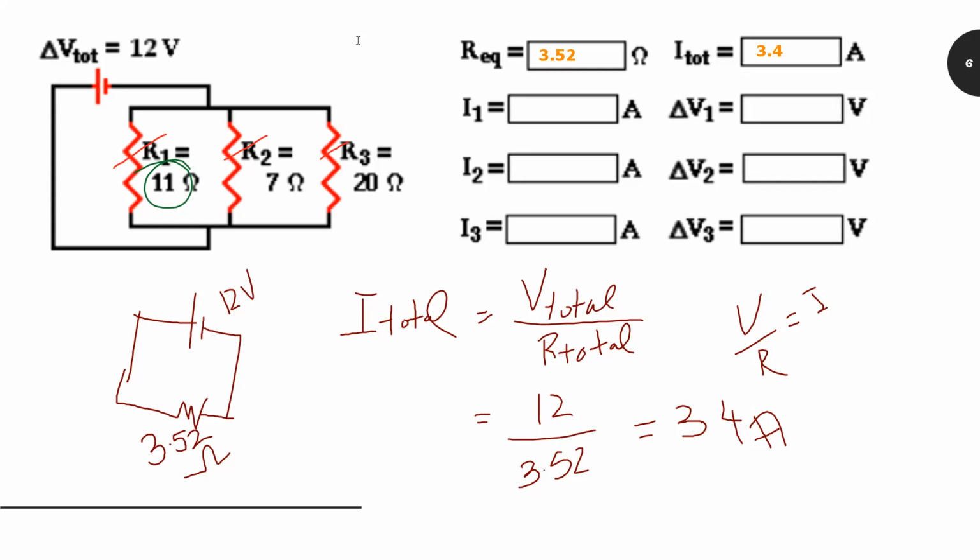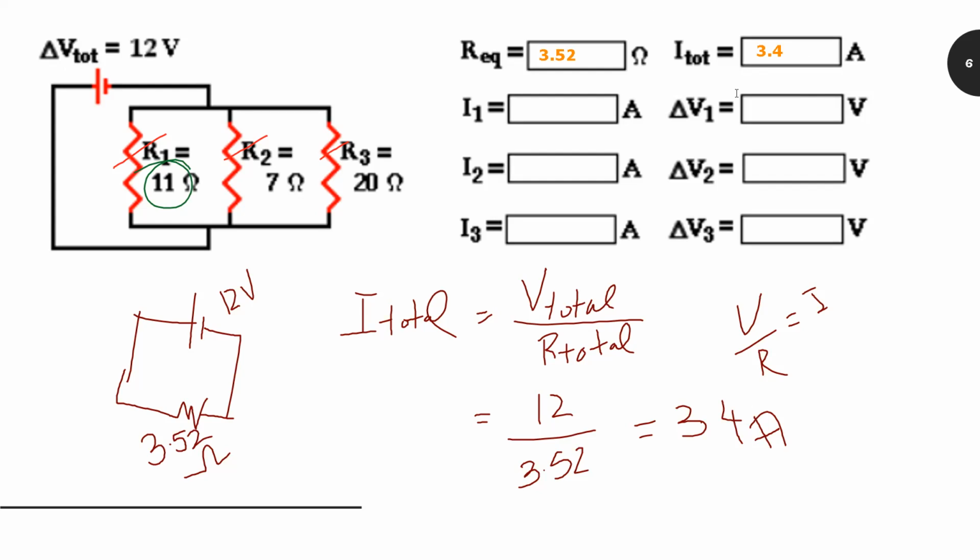Now, what about the total voltage, the V total? It's 12 volts. And as I told you, in the series circuit we call it voltage distributor, and in the parallel we call it current distributor.